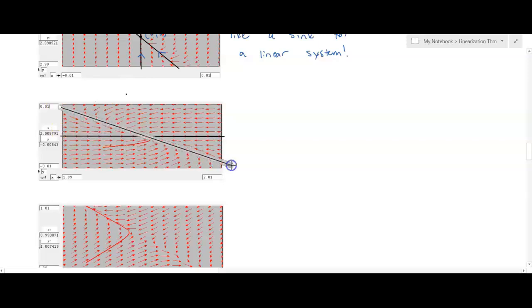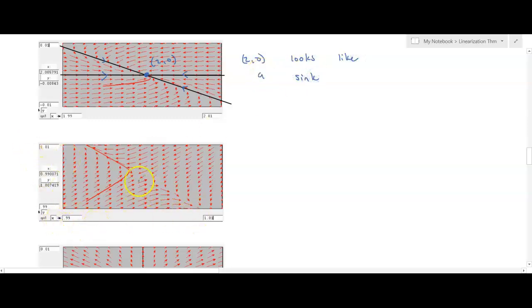And so we again saw that in this circumstance, it appeared that all along the straight line solutions, all the vectors point inwards. And so that point right there, which is 2, 0, looks like a sink as well.